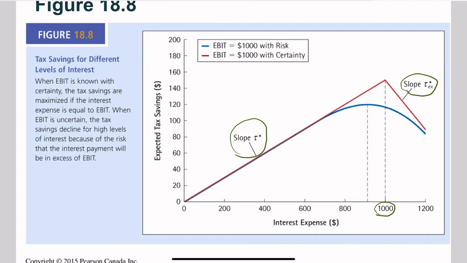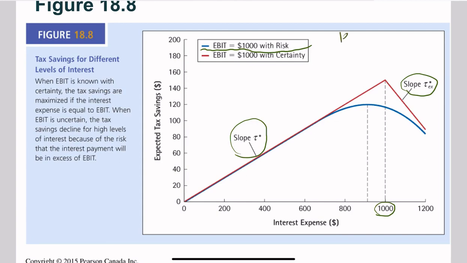Now look at this curve, right? So this blue curve tells you the expected tax saving if there is risk. In this case, you can imagine that there is some uncertainty in this firm's EBIT. You can just consider the example we just discussed, right?